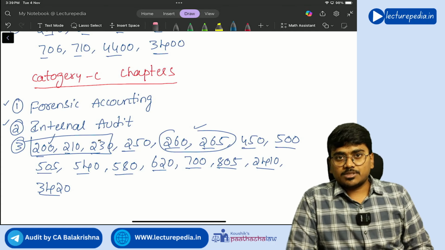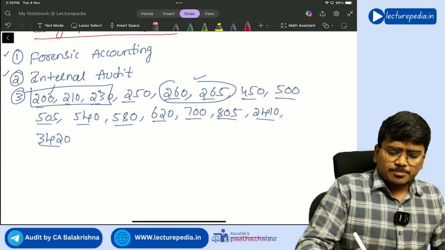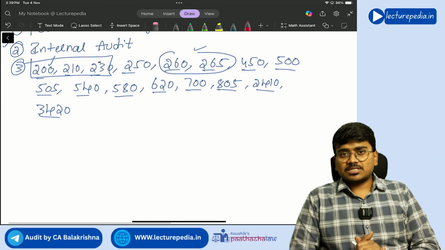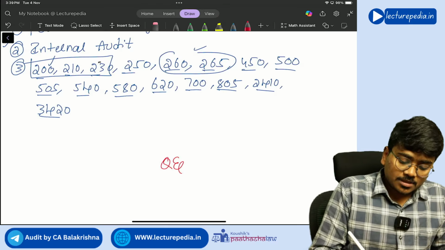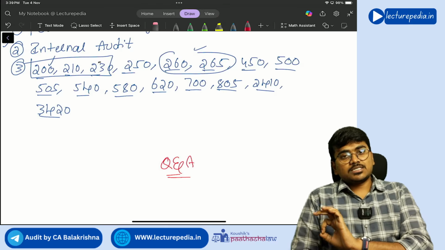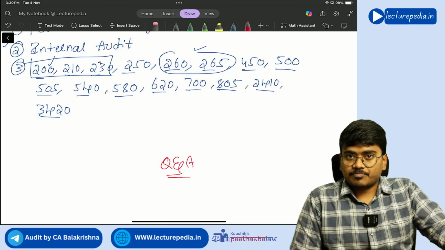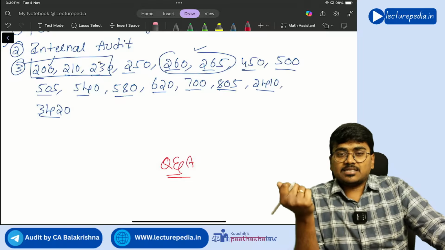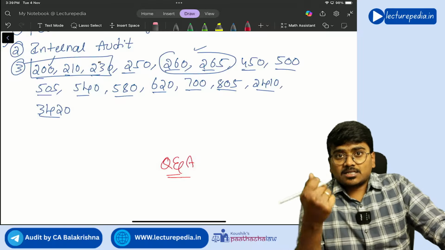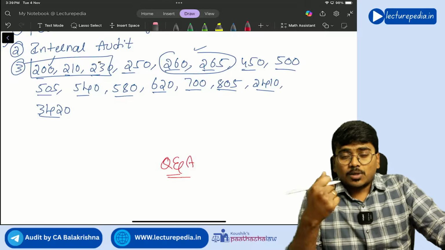Clear? Yes, sir. Next, with respect to books, I already told you, please don't change the book, and solve questions and answers. Don't forget to solve questions and answers. Just like in the case of MCQs, some important points that you might have missed while reading the theory from the book, you will notice in the MCQs.